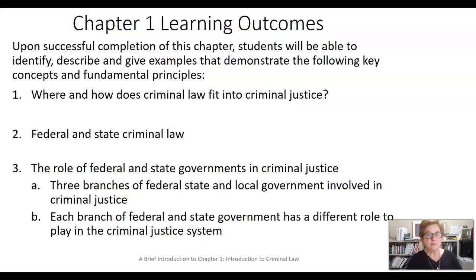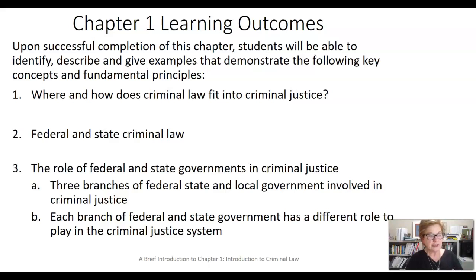So the legislative branch is primarily involved in the making of criminal law. It's augmented by other sources of criminal law that we'll cover in Chapter 1.